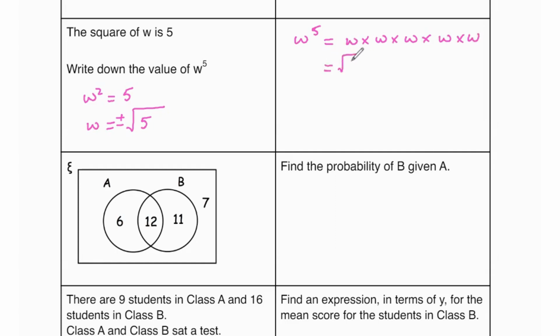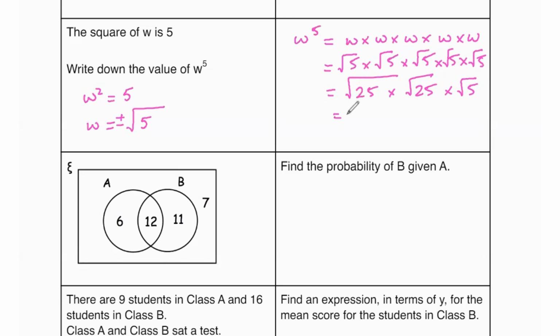So that's root 5 times root 5 times root 5 times root 5 times root 5, which is basically 5 times 5 times root 5. Now we know square root of 25 is 5 because 25 is a square number.